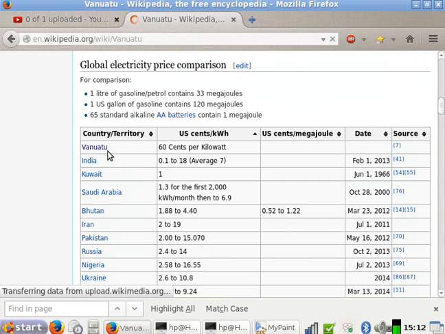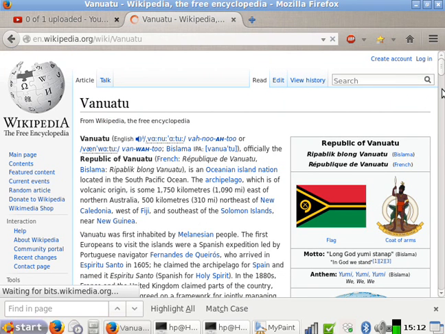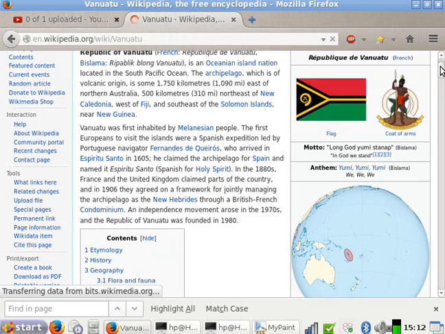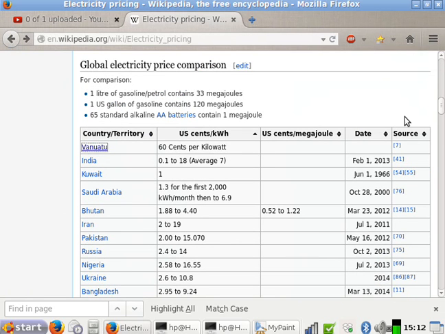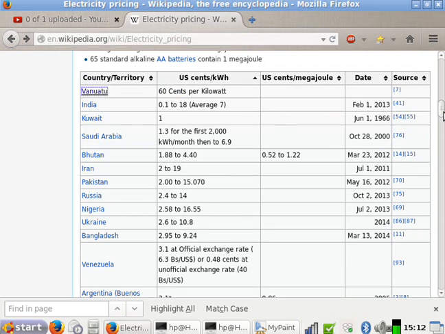Vanuatu? Where the heck is this place? Oh look, it's a little country off of Australia. Yeah, so 60 cents a unit. I think it's because it's isolated.